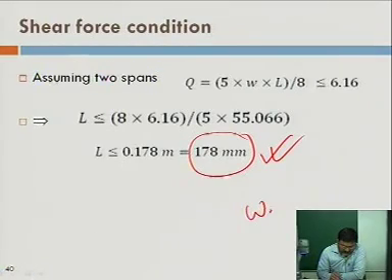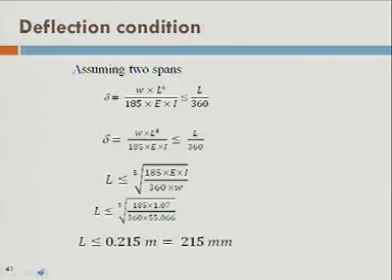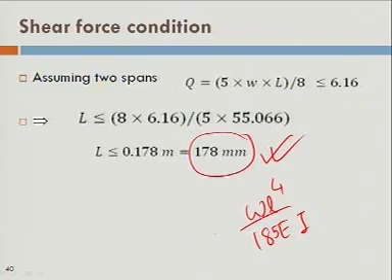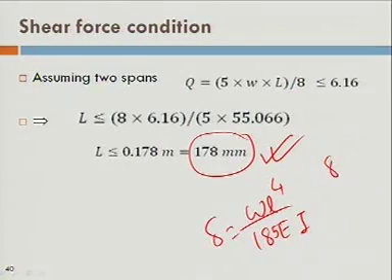Now based on deflection, you calculate it. Deflection formula, you can use it like this: WL raised to power 4 by 185 EI. This is the formula for deflection you can use, and you can equate it to span by 360, which is L by 360.